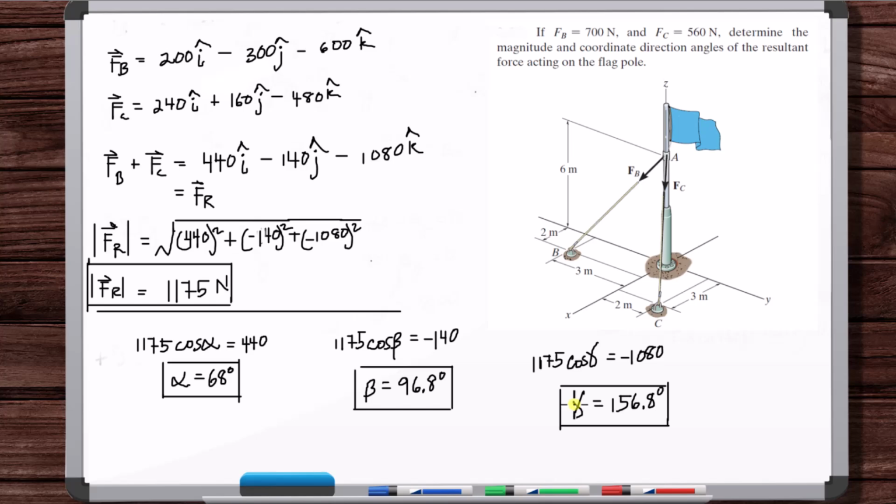In 3D, we use these coordinate direction angles. But you can absolutely apply them in 2D. Assuming you're in the XY plane, gamma is going to be 90 degrees. That means you're in the XY plane, because the angle between the vector and the positive z-axis is 90 degrees.